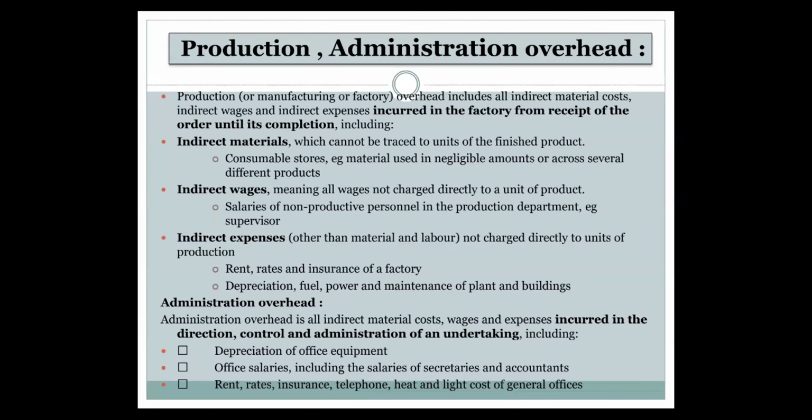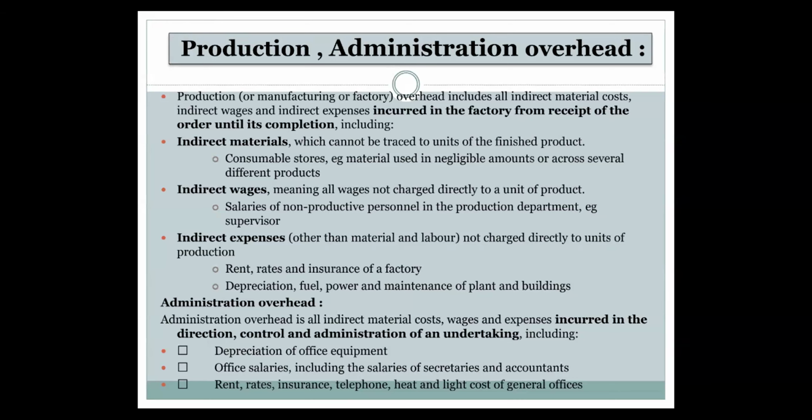Indirect material cannot be traced to units of finished product, like consumable stores used in negligible amounts or across several different products. Indirect wages means all wages not charged directly to a product unit, like the salary of non-productive personnel in the production department.